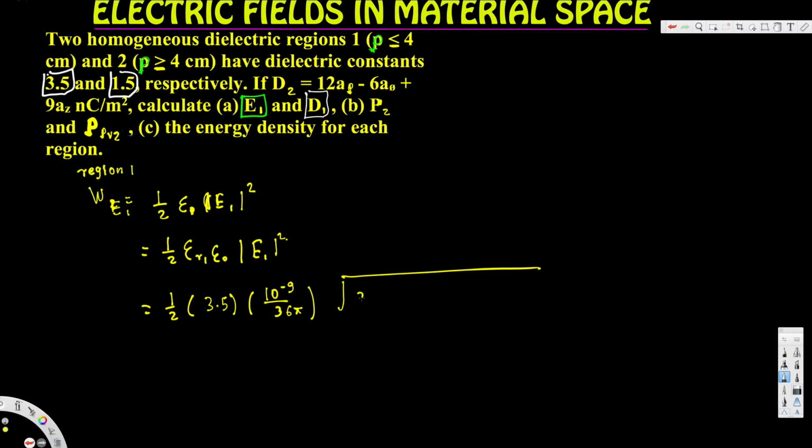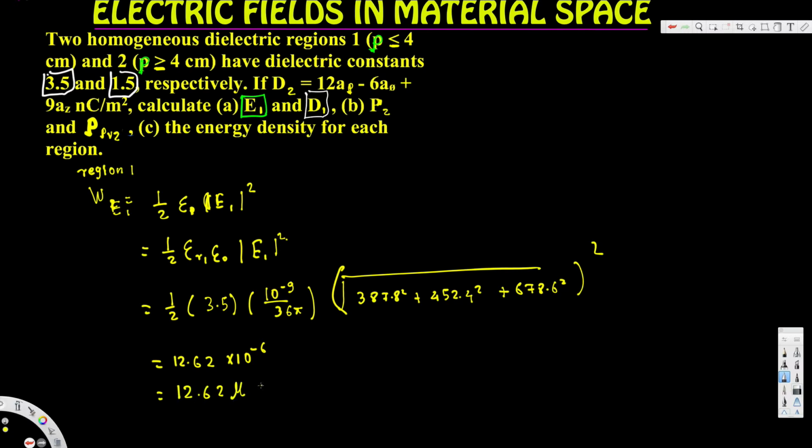That is equivalent to the square root of 387.8 square plus 452.4 square plus 678.6 square, whole square, and that's going to give us 12.62 times 10 to the power of minus 6. Minus 6 means micro, so we have 12.62 microjoules per meter cube. So this is the answer for region 1.